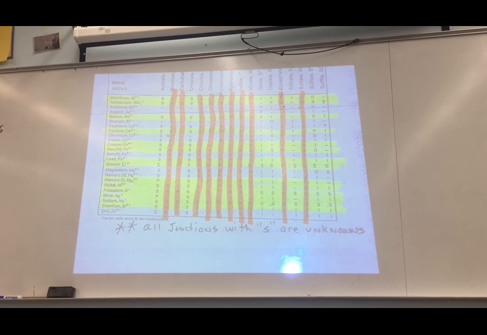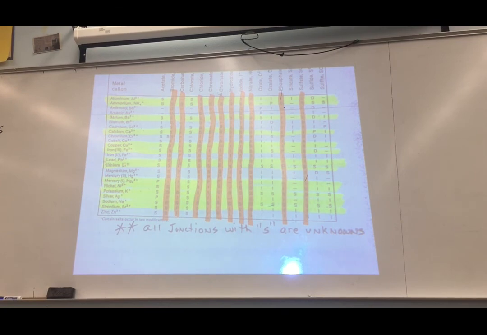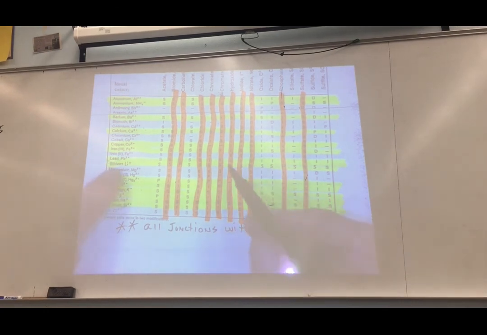All right. So would it be advisable to turn in a card with lead chromate? No, you wouldn't want to do that because it's not soluble in water, and your unknown is soluble in water.